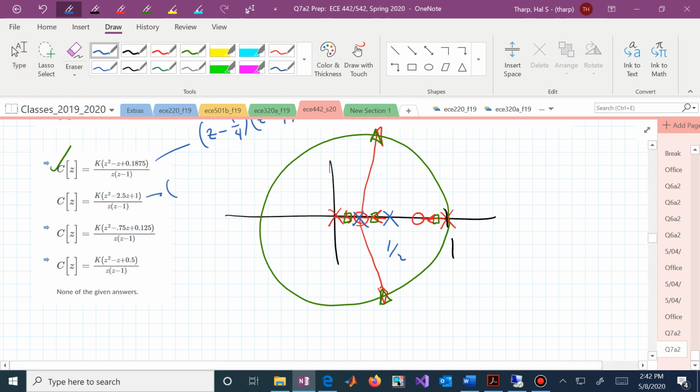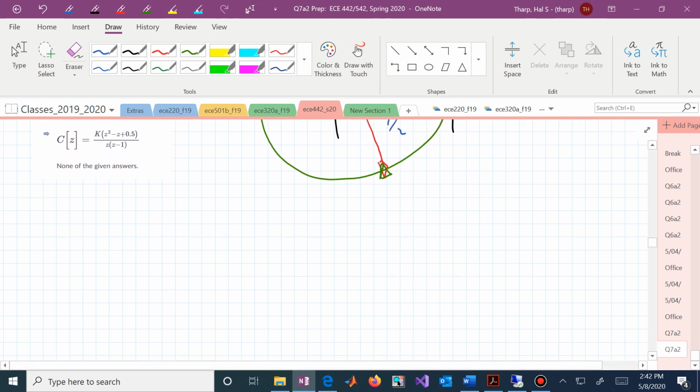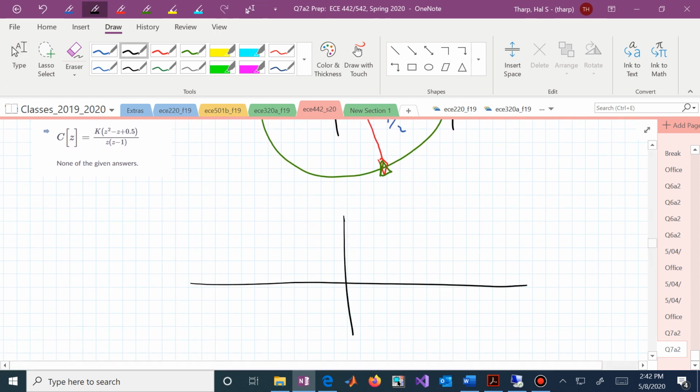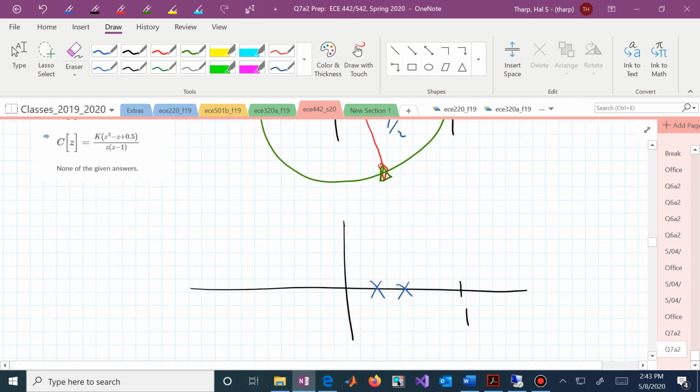if you factor that numerator, it's now giving you a 0 at 1.5 and another 0 at 1, so that now our particular pole zero diagram, we started with a pole at 1/2 and, is that right? And 1/4.